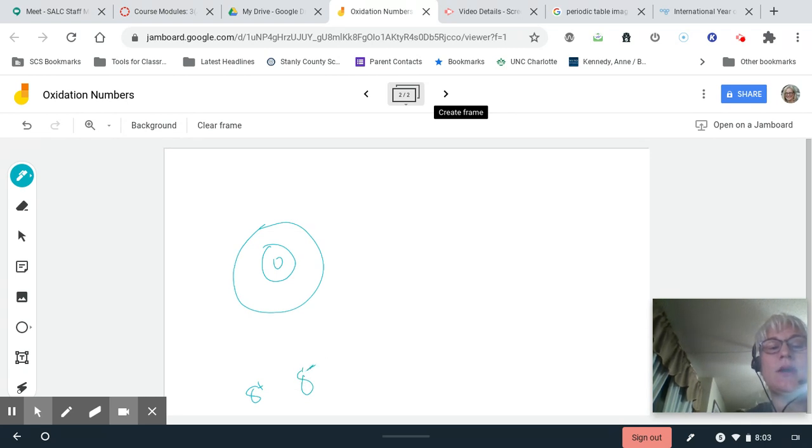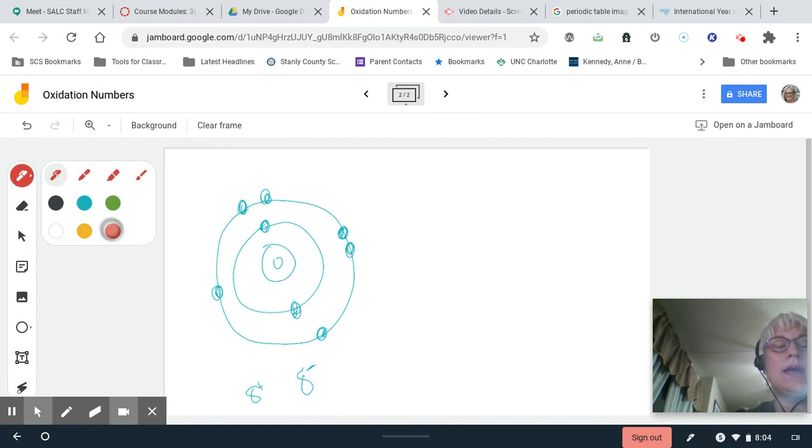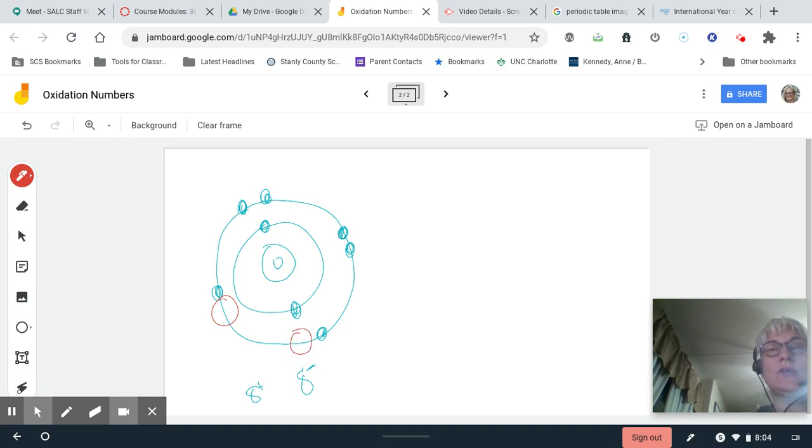If I start out, there's the nucleus, then 2 here, 3, 4, 5, 6, 7, 8. Notice it has room right here and right here for 2 more electrons.